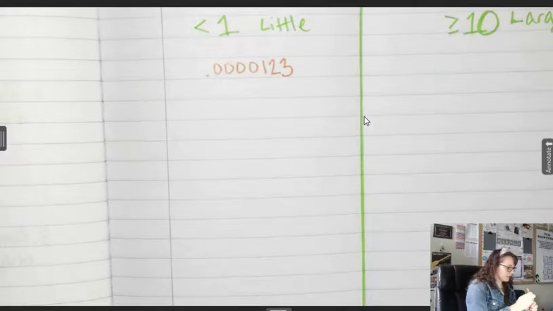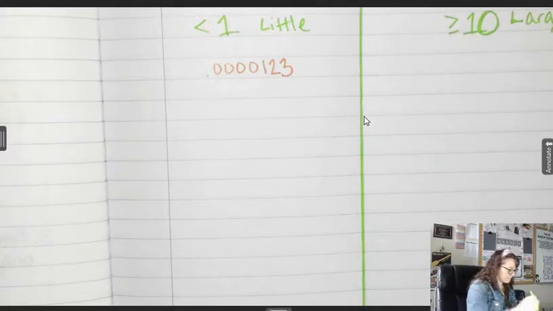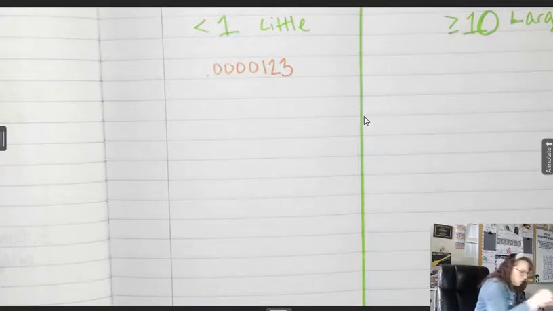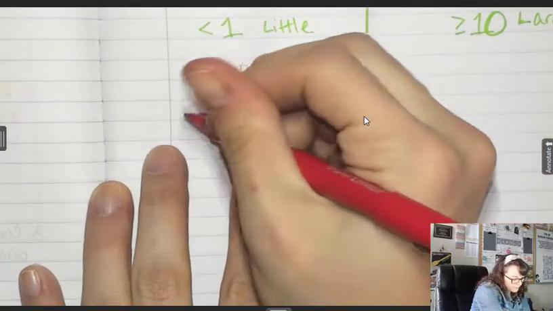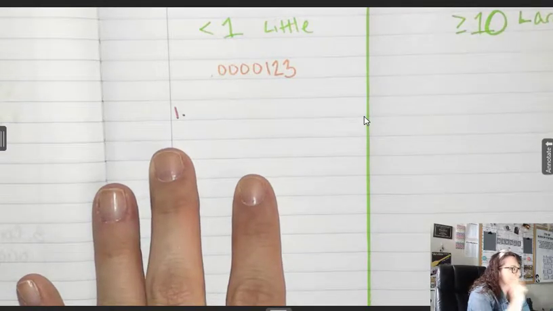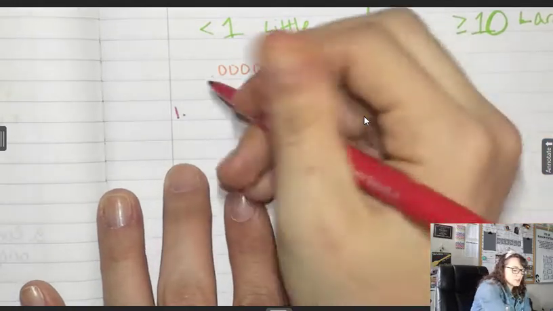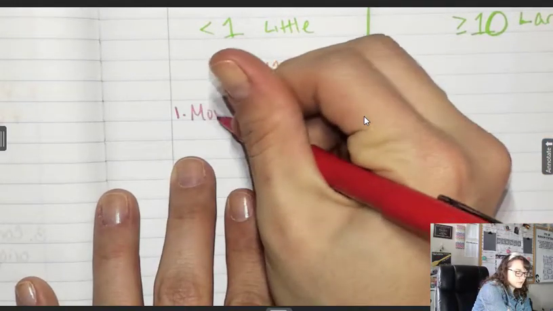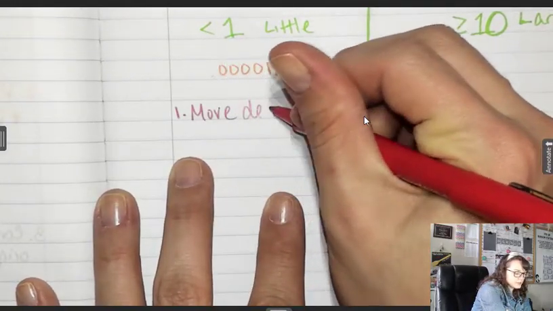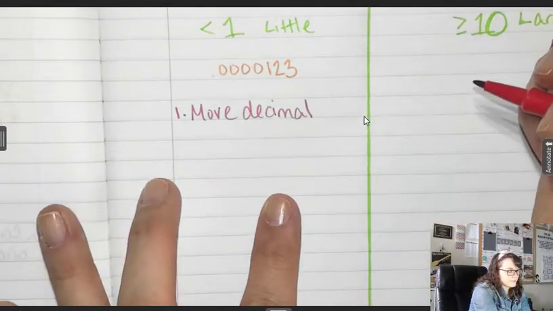The first thing I do, step 1. Scientific notation is a digit, a decimal, the other digits. So I need to move the decimal. Which way, left or right?